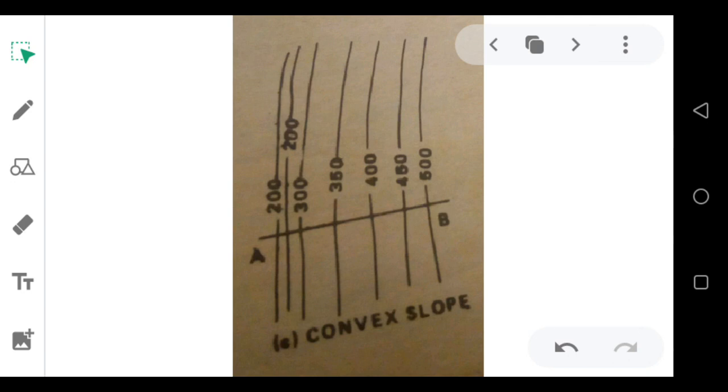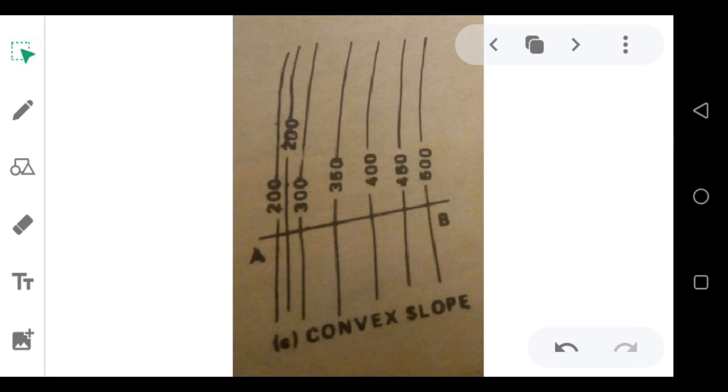The contours are close together, then get further apart. Look at the values. So in the lower part, the contours are close together. Then as you go higher and higher, the slope begins to be gentle. Take notes.